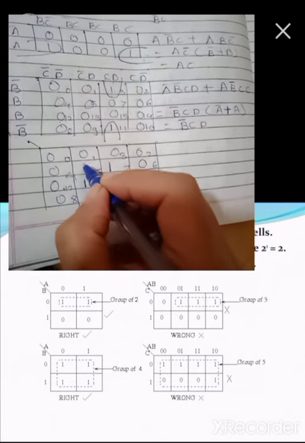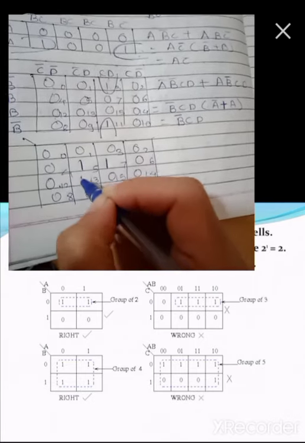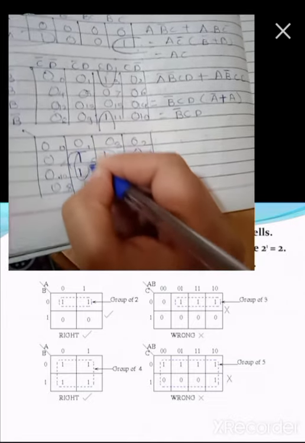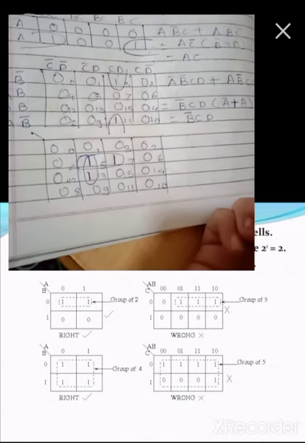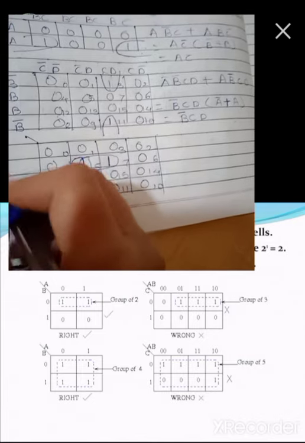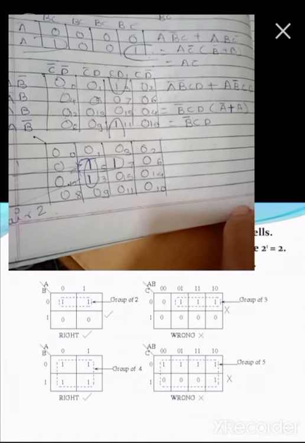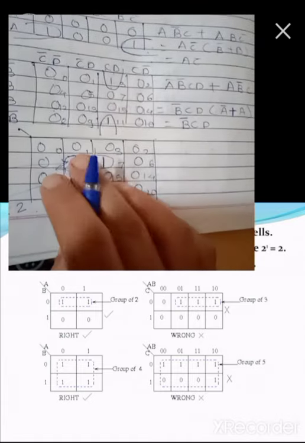So here now 3 ones are there. So the first is this pair and the second one is this pair, right? So there are two pairs. This is pair 1 and this is pair 2, right? So you have to write the equation for this pair and this pair.